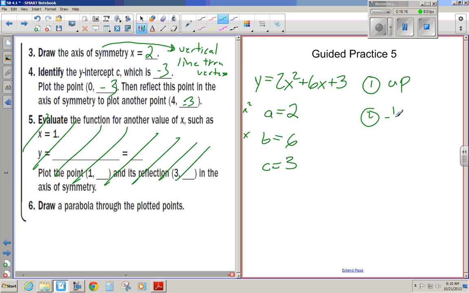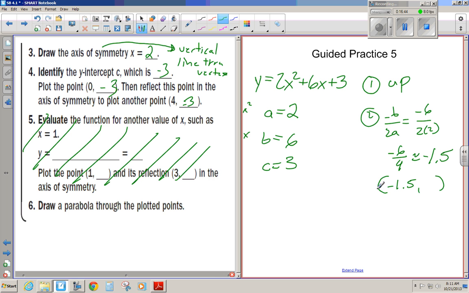Finding the vertex, negative b over 2a. It's negative 6 over 2 times 2, which is negative 6 over 4, which is approximately negative 1.5. So part of my vertex is at negative 1.5.